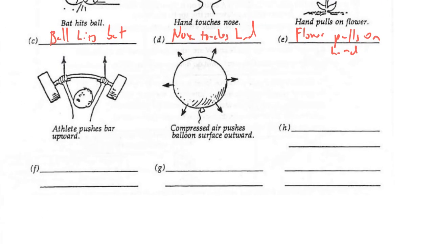Athlete pushes a bar upwards. Well, on both of these, we're going to see that the bar pushes the person down. Compressed air pushes on a balloon surface outwards. All right, and at each of these vectors, there's infinitely many of them around the ball.